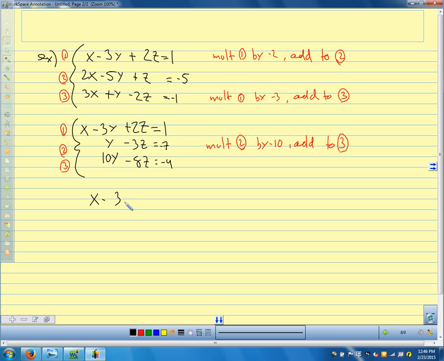So my new system is going to be this. I get a y minus 3z equals negative 7. And now I'm going to have a new third equation. So when I multiply 2 by negative 10 and add, I get a 0y. I get a 30z minus 8z, so I get a 22z. And I get a negative 70, sorry, positive 70 plus negative 4, so I get a 66.